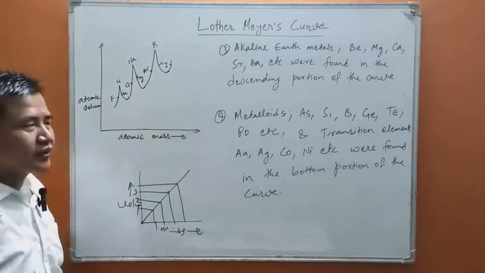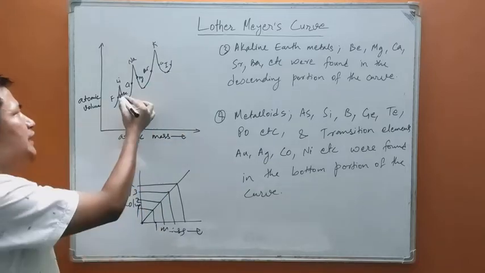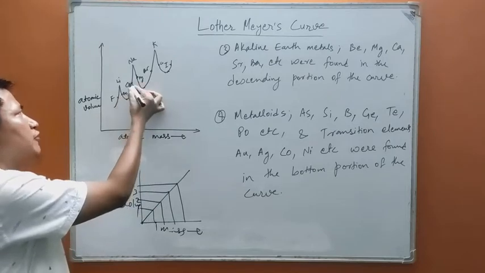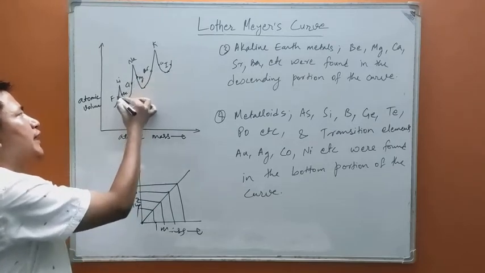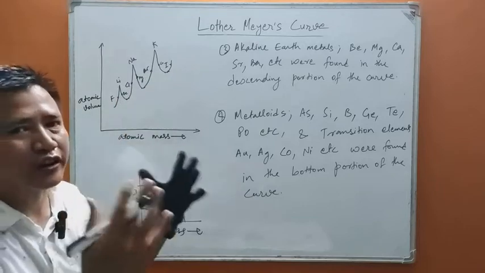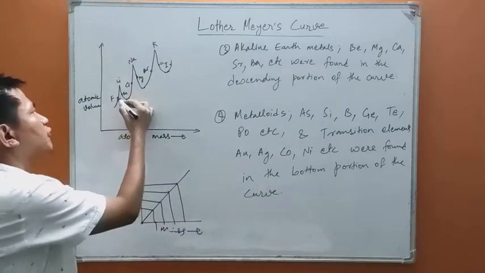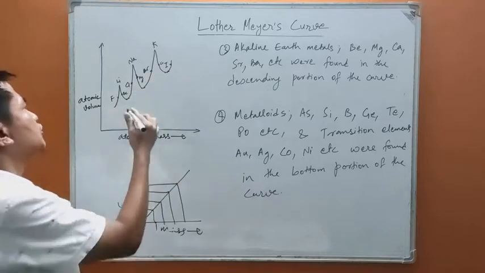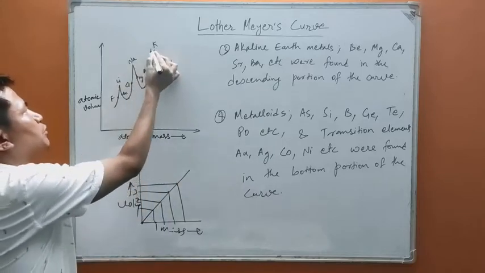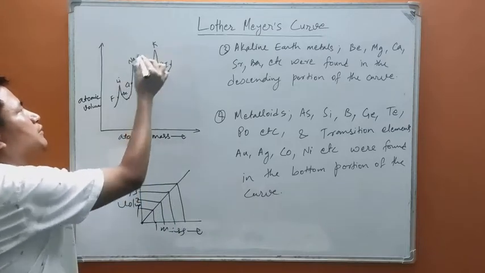Okay, this means elements having similar properties are found on the same side of the curve, isn't it? Fluorine, chlorine, bromine have similar properties. They are all electronegative elements, found in the ascending portion of the curve. And highly electropositive elements like lithium, sodium, potassium are found in the peaks of the curve.